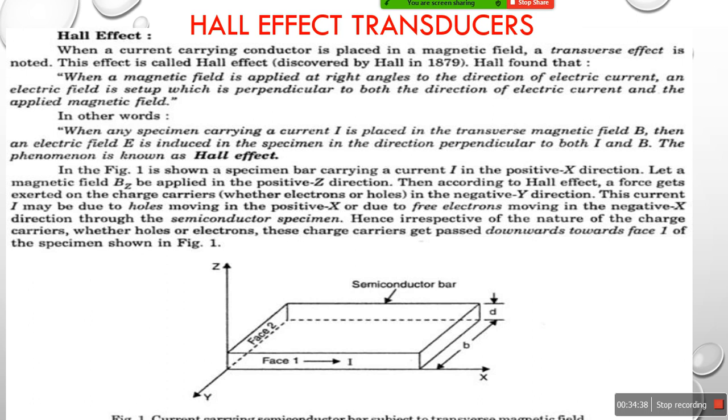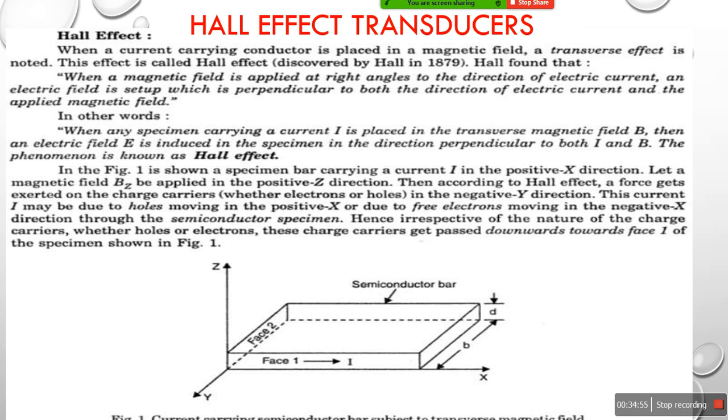Hall found that when a magnetic field is applied at right angles to the direction of the electric current, an electric field is set up which is perpendicular to both the direction of the electric current and the applied magnetic field.